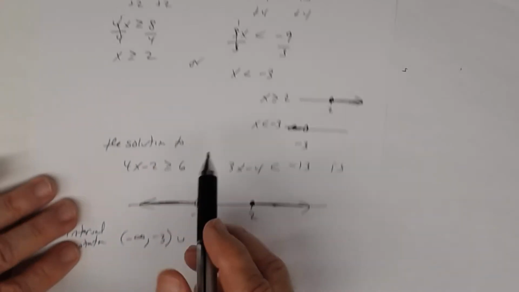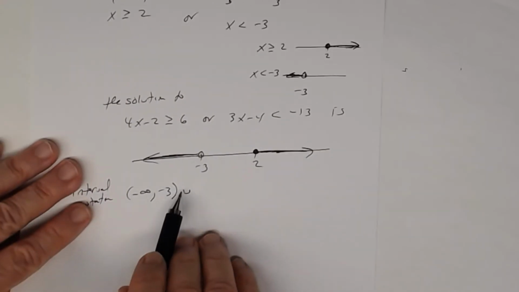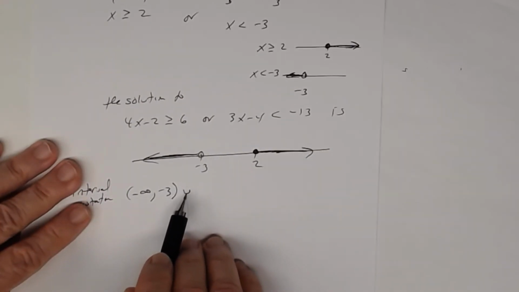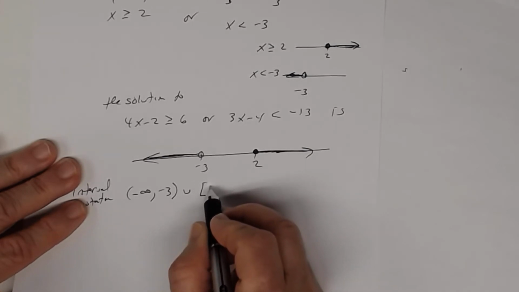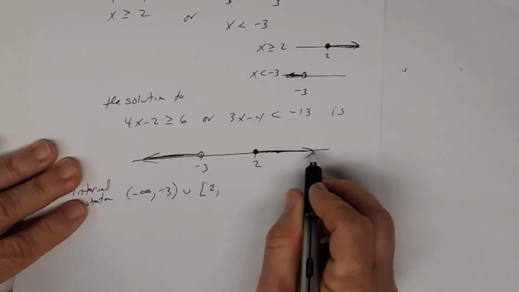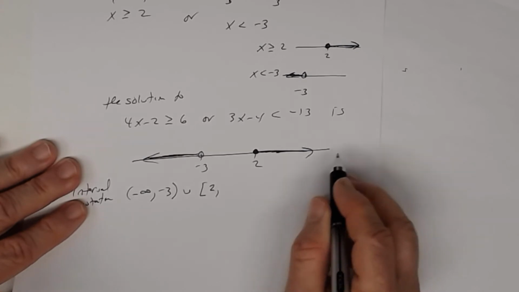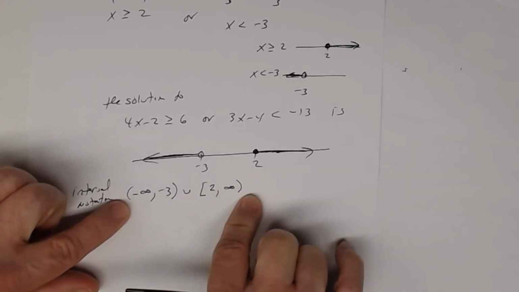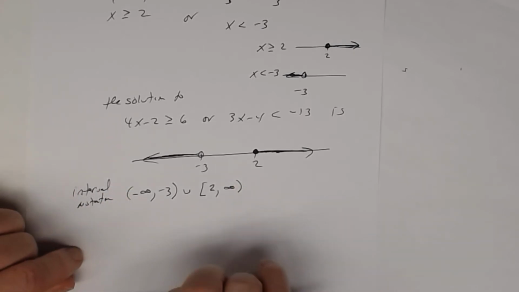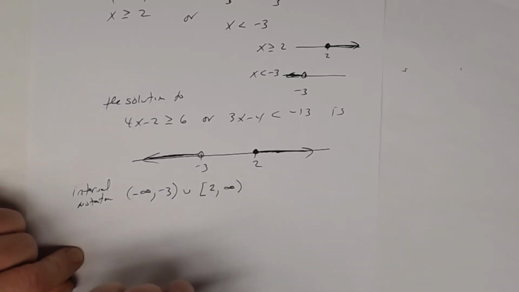Union. So remember, OR means union, right? You see the symbol for union, that U. Now this is a closed circle, so you need a bracket, 2, comma, and then this is pointing towards the idea of infinity. So you go infinity. Now remember, negative infinity, infinity, always use parentheses with them. So there's that interval notation right there.